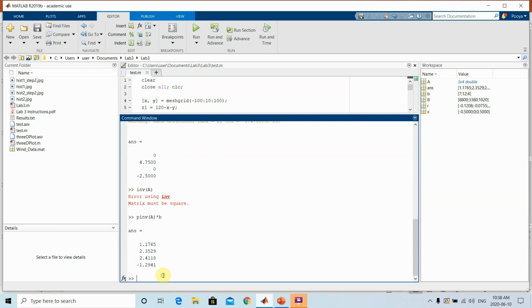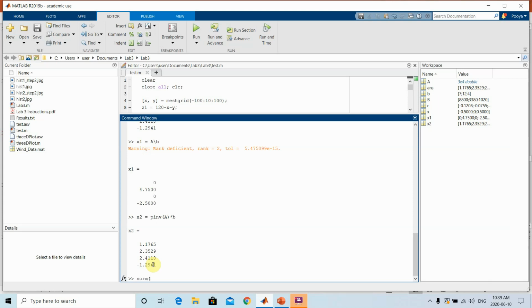What does that mean? Let's look at x1 equal to A backslash B, and x2 equal to pseudo inverse of A multiplied by B. You can find the Euclidean norm of any vector in MATLAB using the norm function.